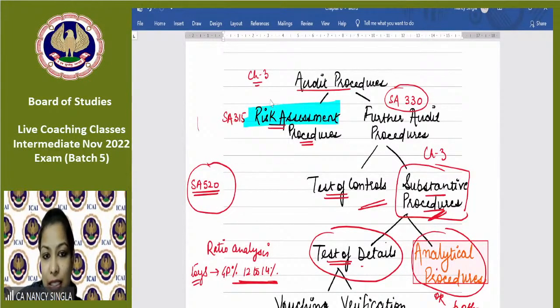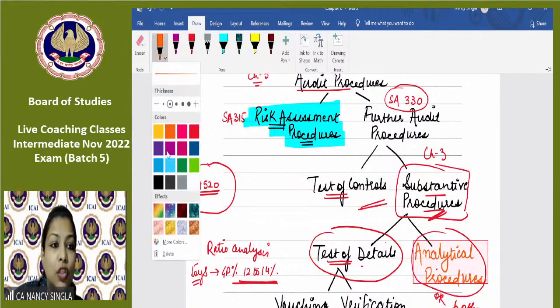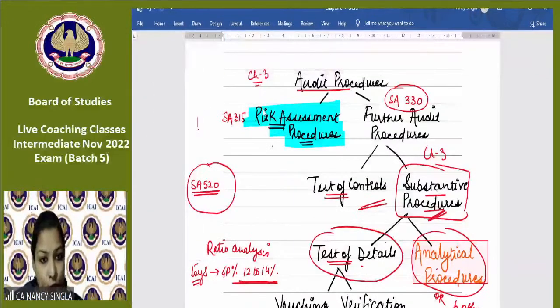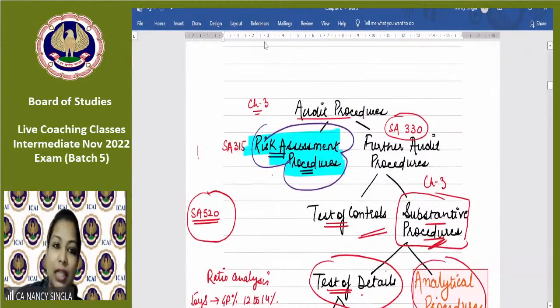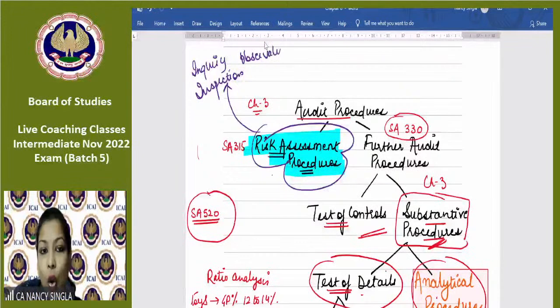So risk assessment procedures you all have done in chapter number 3 and in chapter number 4 also we have done all these in detail. Okay? So now when the auditor is performing risk assessment procedures under SA 315, you all have done that the auditor may perform inquiry, he may perform inspection, he may perform observation, or auditor may perform what? Analytical procedures.